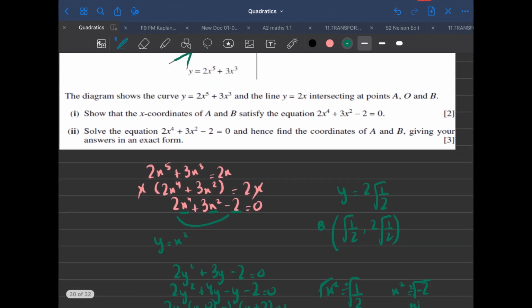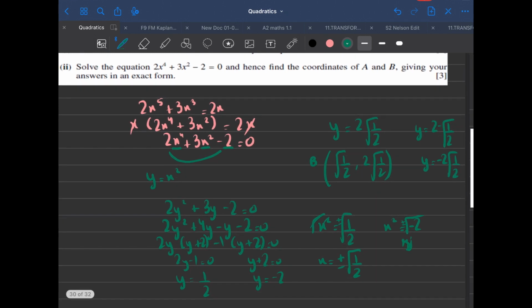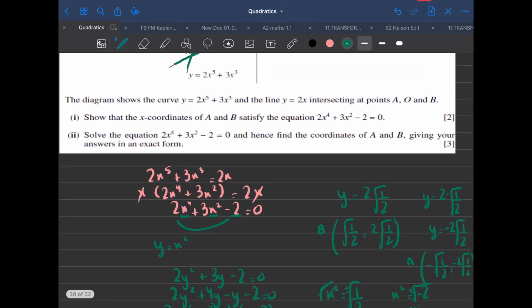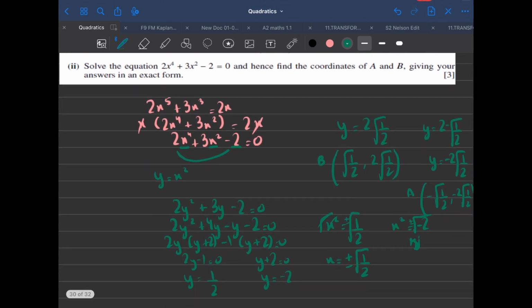Now let's put the other value of x. The x was what? Minus under root 1 upon 2. So it's going to be minus 2 under root 1 upon 2. So guys, my coordinate will be minus under root 1 upon 2 comma negative 2 under root 1 upon 2. Got this? That's coordinate of A. I hope you are clear with this.